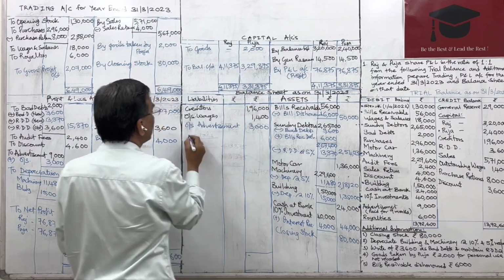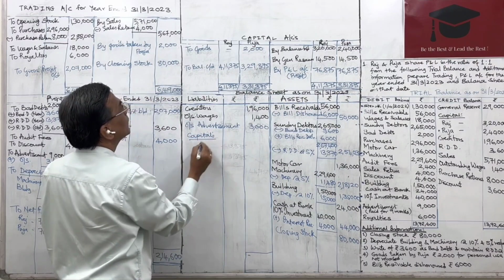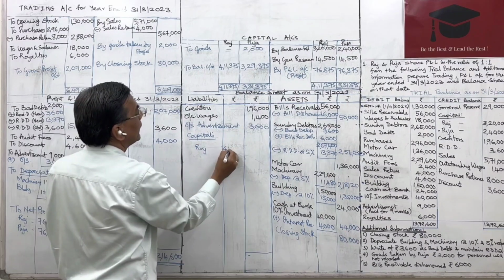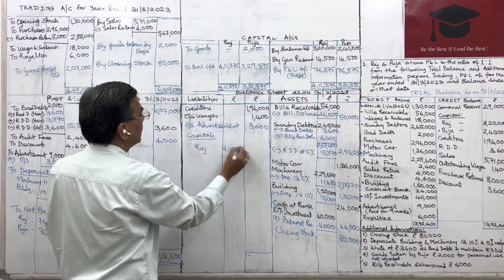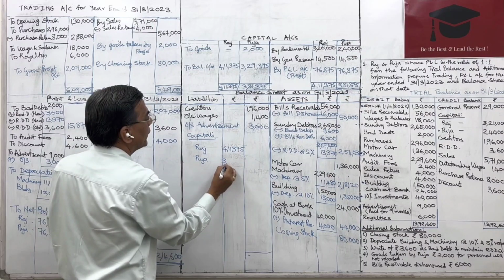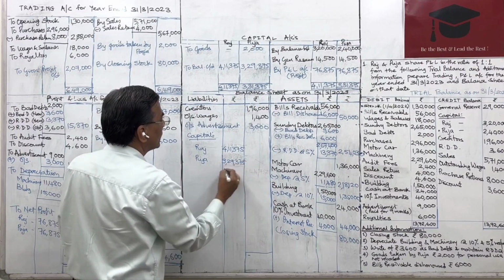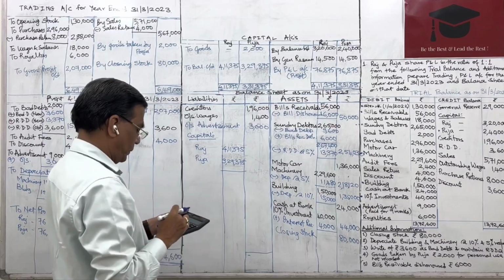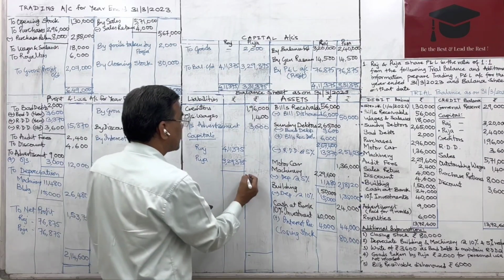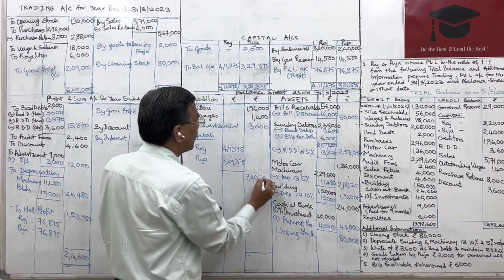So we bring down the capitals. Raj's capital 4,11,375 and Pooja's capital 3,29,375. Sum it up. It comes to 7,40,750.